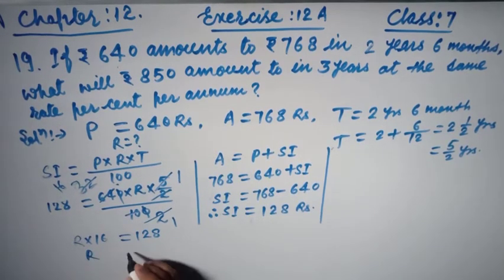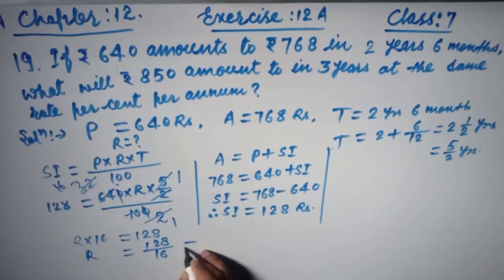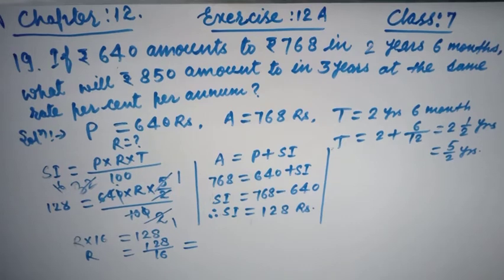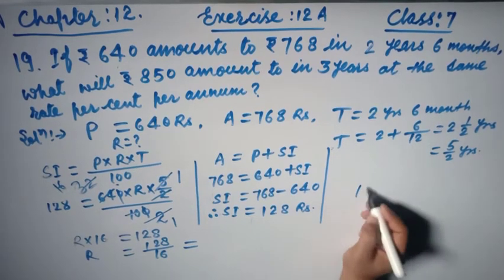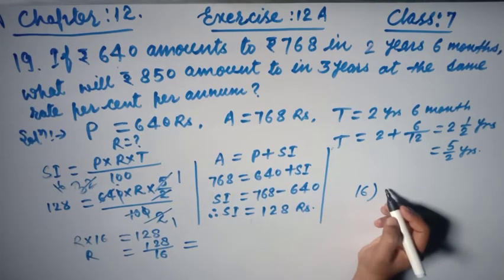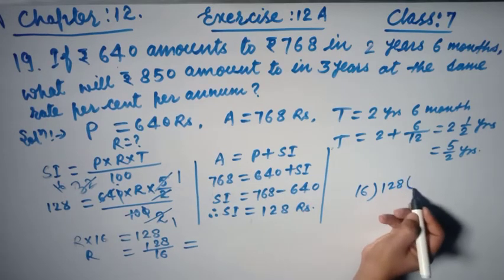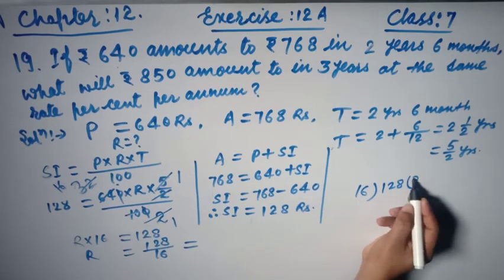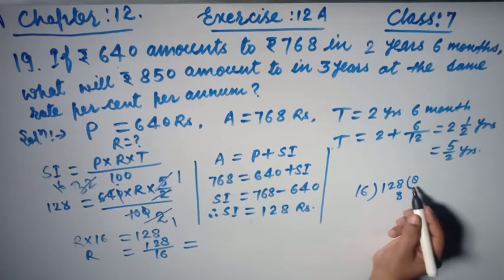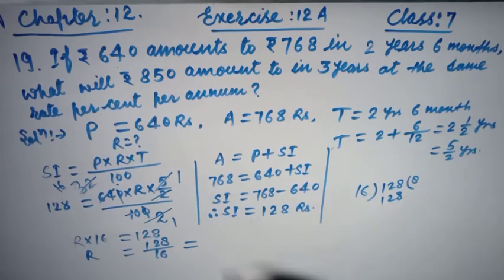So R is equal to 128 divided by 16, and this gives R is equal to 8%. So we got R is equal to 8%.